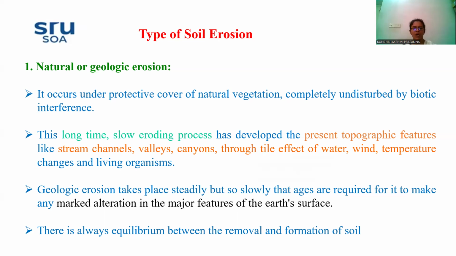Geological erosion takes place steadily but very slowly, and it alters the major features of the Earth's crust, which is why it is called geological erosion. So here we can say that there is always equilibrium between the removal and the formation of soil.